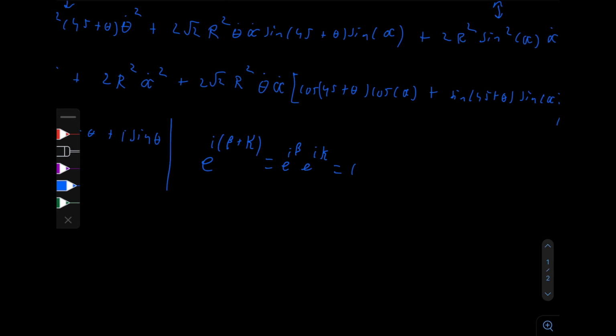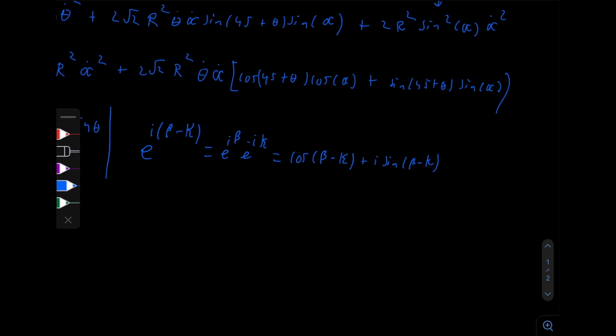This is equal to cosine of beta plus kappa plus i sine of beta plus kappa. Oh, actually, you know what? Let's do minus. Beta minus kappa.